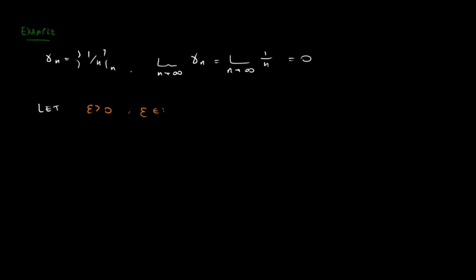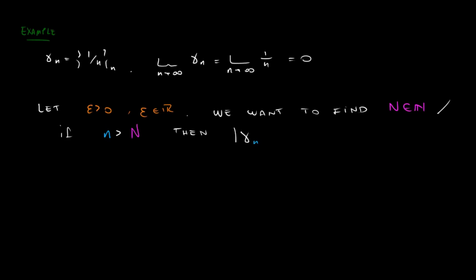This epsilon is a real number. And what we want to do is find N, a natural number, such that if we take another n that is greater than N, then my sequence gamma sub n minus my limit, in this case 0, that is, 1 over n minus 0, we want to see if this is smaller than epsilon.